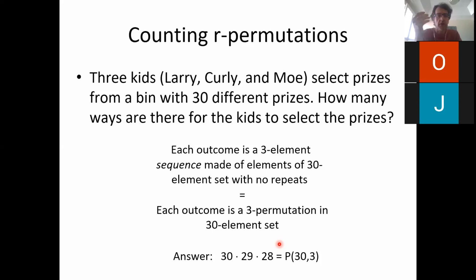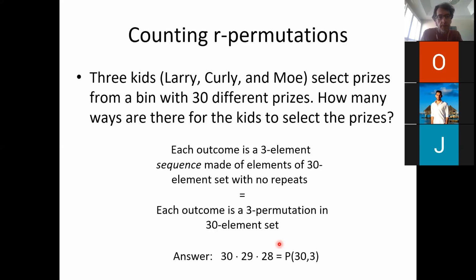They have collisions, they overrepresent, or they don't cover everything. And if you have a problem, try to switch the way you're thinking of who is being selected, how to represent this counting problem. Professor, you could represent this as 30 factorial over 27 factorial as well, right? Yeah, that's an identical thing. This is 30 factorial over 27 factorial. Okay.